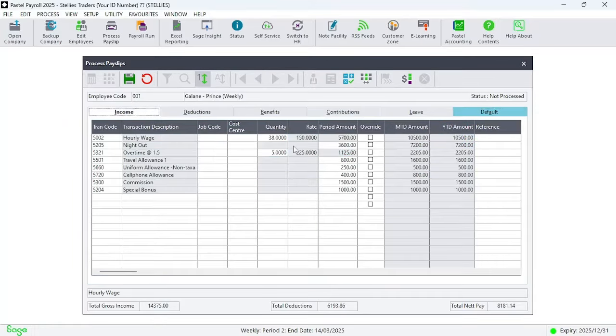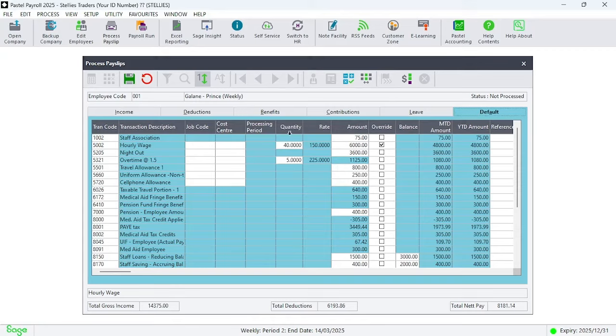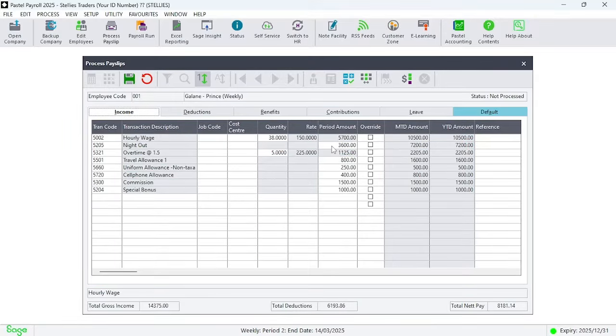Go back to income as we always did and change it to 38. And we won't have a problem at all. So I hope you've understood that. What I'm saying to you is that because the rate has changed from 120 to 150, you then recalculate this default hourly wage. Leave it at 40 as usual, times 150, which will calculate to get 6,000. That will make the rate change easier. So then back to normal.